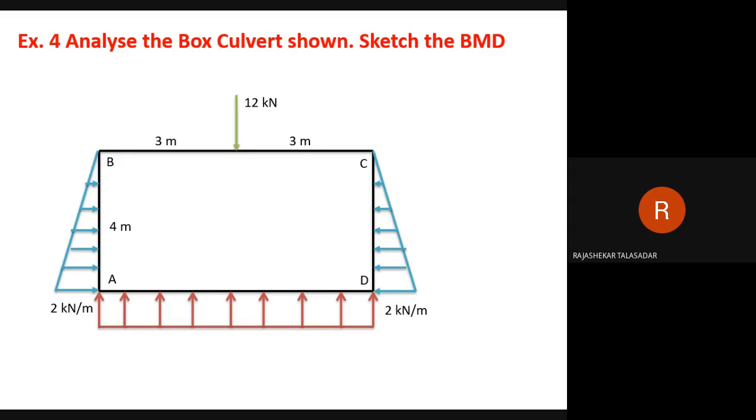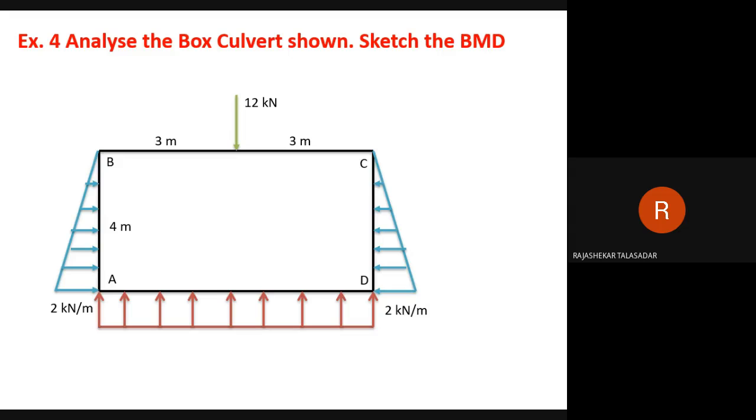Now, if it is a bit bigger, they will make a box culvert. They will prepare an RCC box, and over that there will be a bridge-like structure. Water flows through this box. Have you seen this? Box culverts, some 2 spans, 3 spans, will be there. One box culvert I have taken here to analyze.